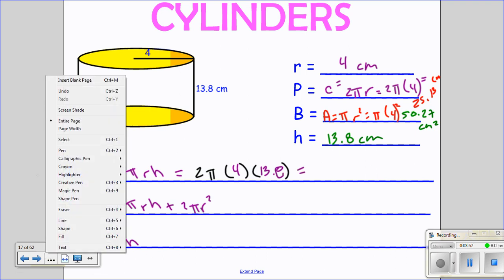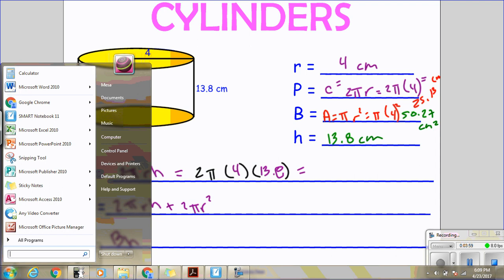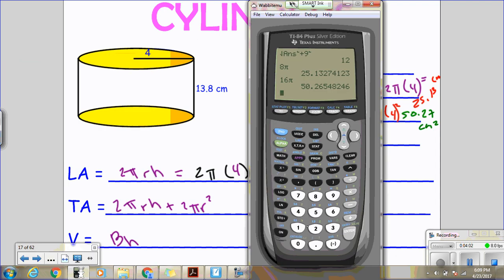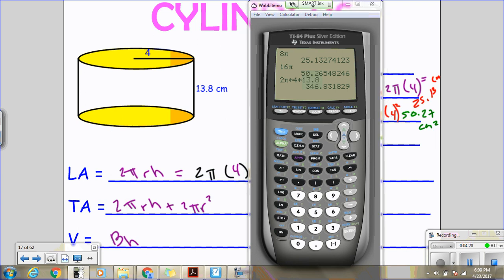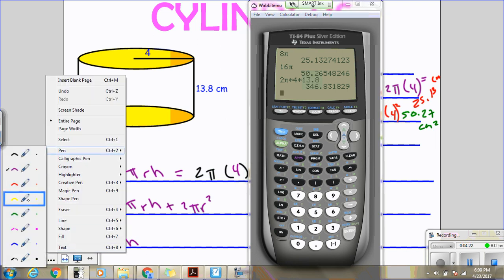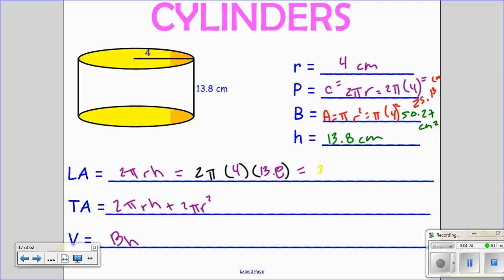So this is approximately 2 times pi times 4 times 13.8, which is 346.83 centimeters squared.